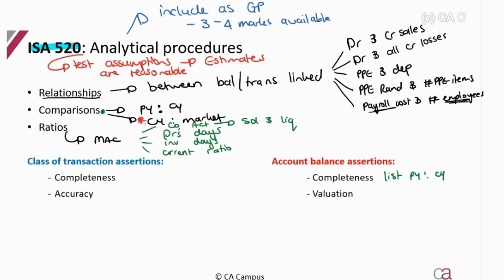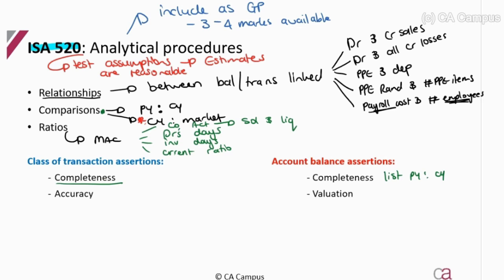That is an analytical procedure. And so I can do the same then for the class of transaction assertions. Okay, and for valuation and accuracy, because you want to see if these assumptions are actually reasonable. So it gives me some evidence about a rand amount by doing any kind of comparison or relationship or ratio to give me some evidence.